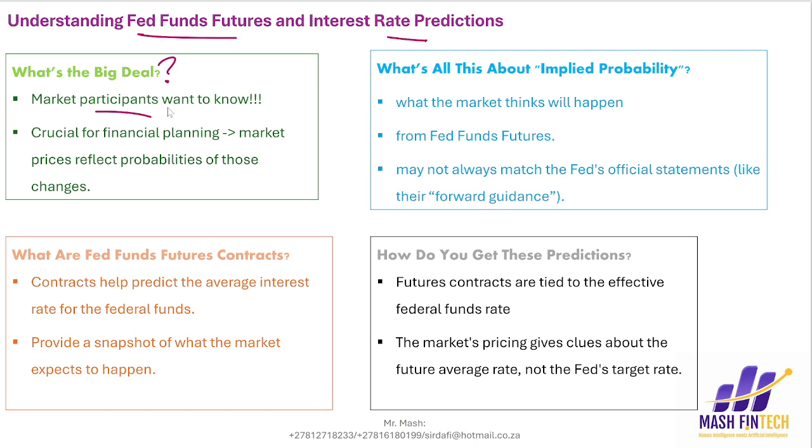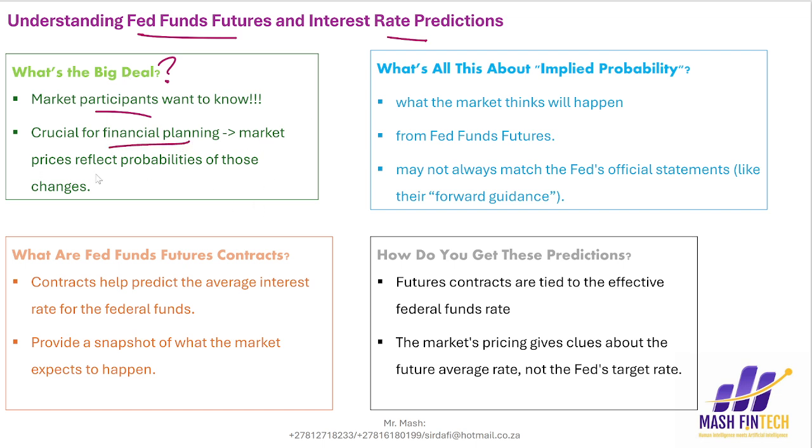So people are interested in the chances or the probability of the central bank changing the interest rates, either increasing it or decreasing it. What is the probability of that happening? If they can determine that, it's important for financial planning.